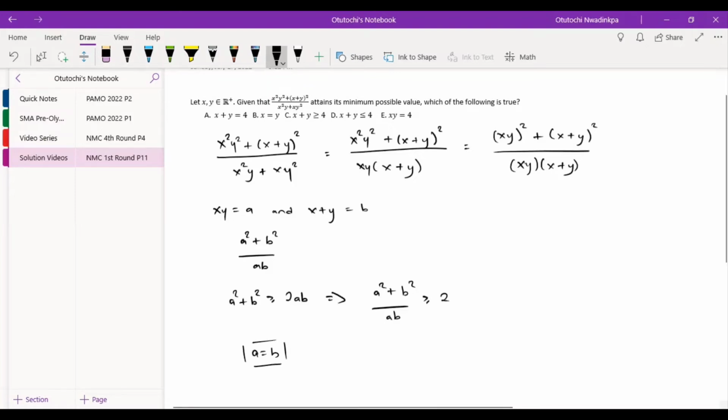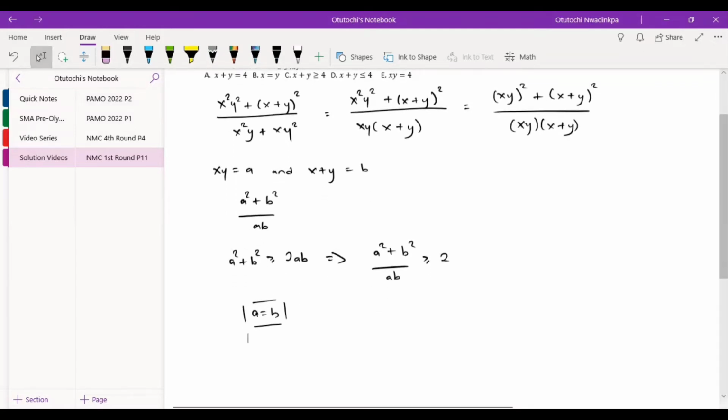And that's good, because this implies that xy is equal to x plus y. And from this, we can derive whatever options are given to us here. So let's work with this a little.